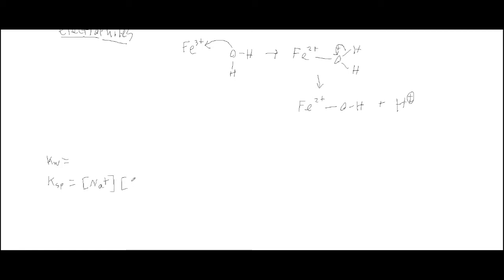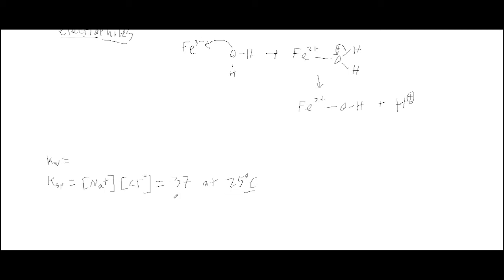sodium chloride, which is your regular table salt, and this is how much it's going to be soluble in water. And for table salt, I believe this equals about 37 at 25 degrees Celsius. And once again, in the next video, we'll see that temperature has a lot to do with the equilibrium, and this is a sort of equilibrium.